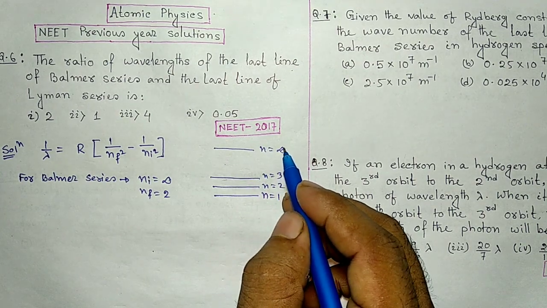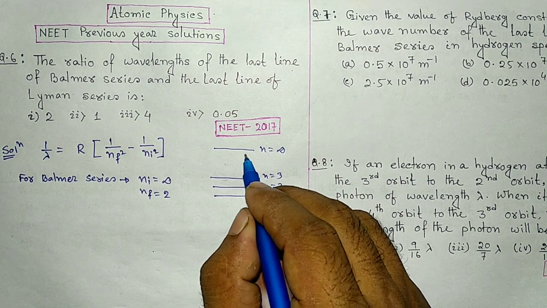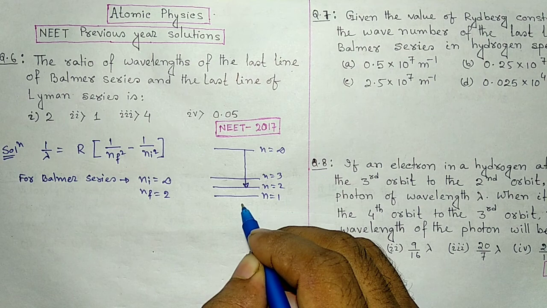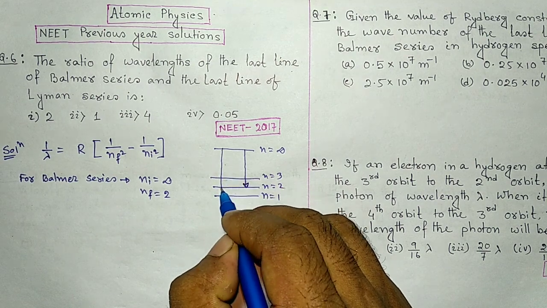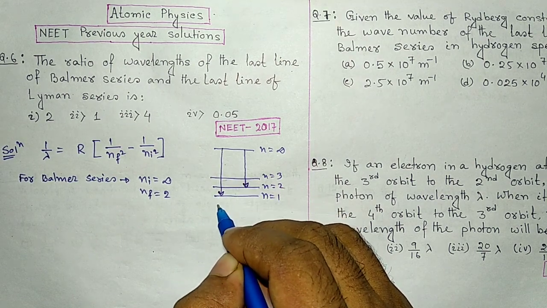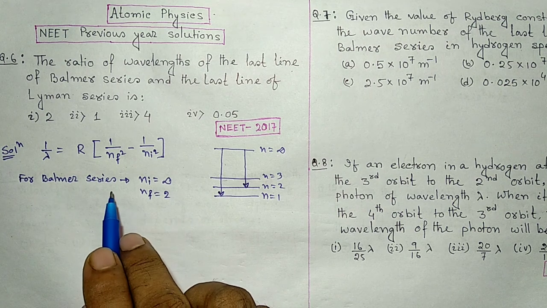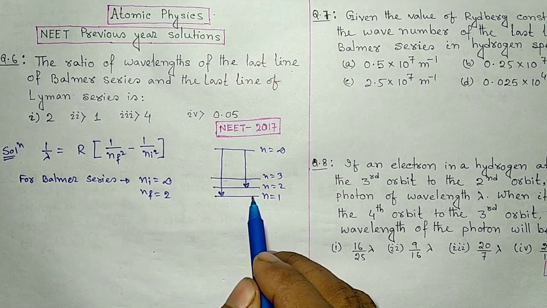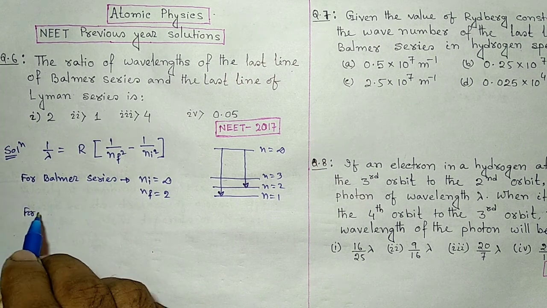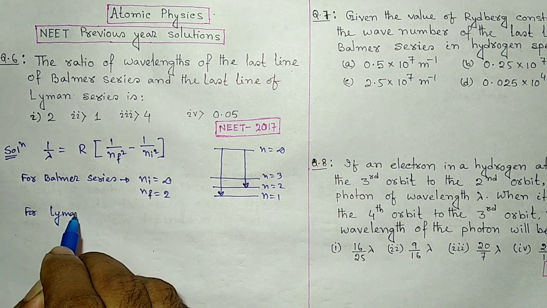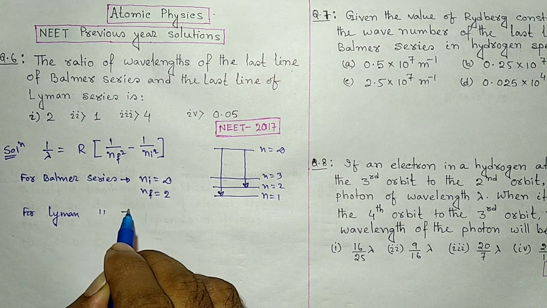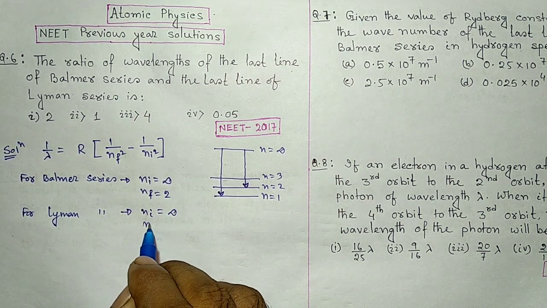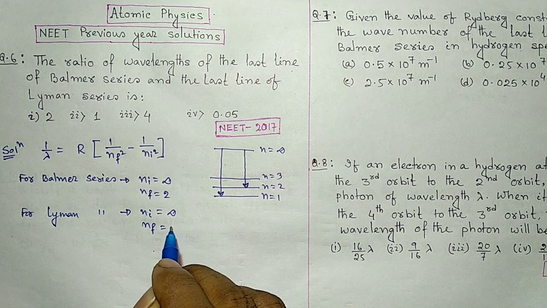So for the last line of the Balmer series, the transition is like that, and for the last line of the Lyman series, the transition is like that. So for Balmer, Ni is equals to infinity to Nf is equals to 2. For Lyman series, Ni is equals to infinity, Nf is 1.